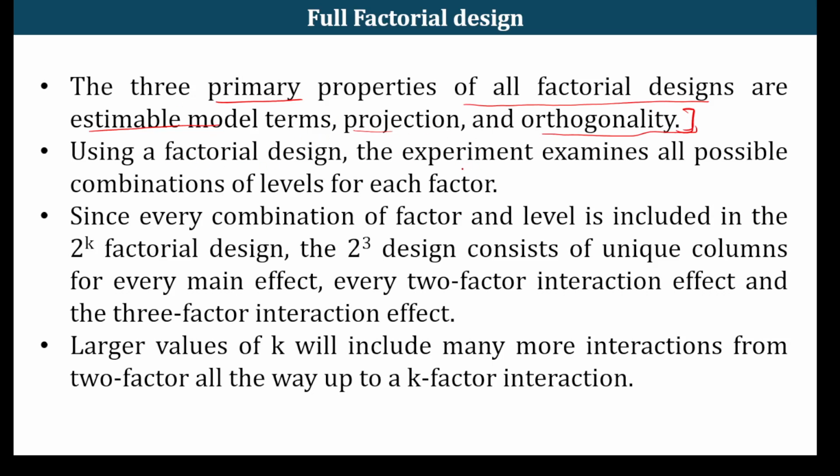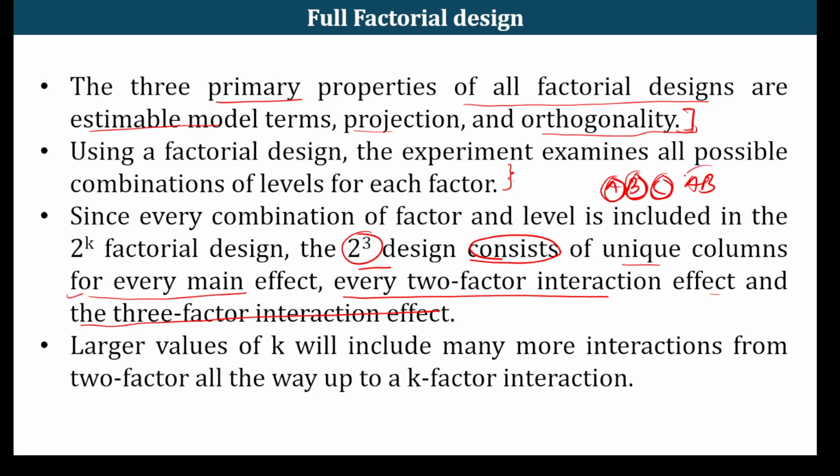Using a factorial design, the experiment examines all possible combinations of each factor. Since every combination of the factor levels is included in the 2^k factorial design, a 2^3 design consists of a unique column for every main effect, every two-factor interaction, and the three-factor interaction. Let's say we have a three-factor design. That is going to consist of all unique columns. Let's say we have A, B, C. So A is unique, B is unique, C is unique.